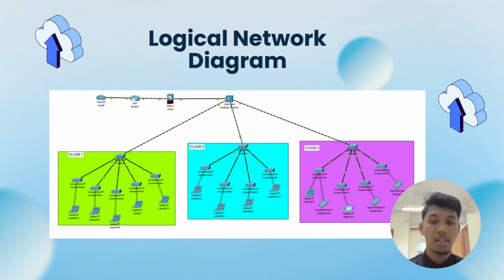The SSID, or service set identifier, is UITM Wi-Fi student for students and UITM Wi-Fi staff for faculty members. The network follows WPA2 encryption, which stands for Wi-Fi Protected Access version 2, to gain a secure connection. This logical design guarantees efficient data flow, strong security, and smooth connectivity.